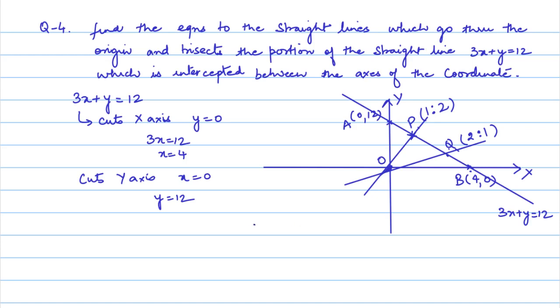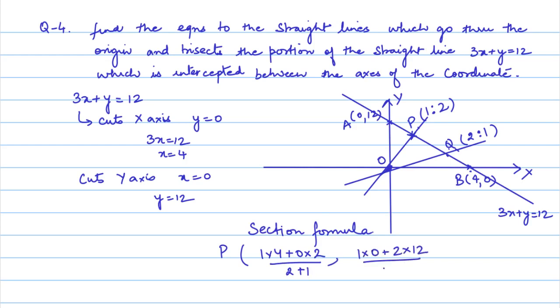Now, in this we will have to use what? The section formula to find the coordinates of P and Q. Section formula for P, what should we use? (1 into 4 plus 2 into 0) upon 2 plus 1. Similarly, (1 into 0 plus 2 into 12) upon 2 plus 1.